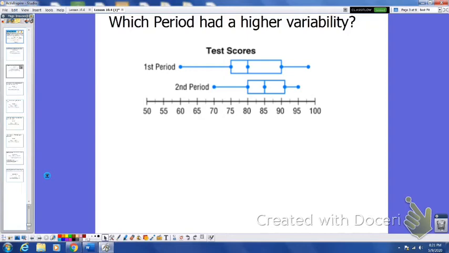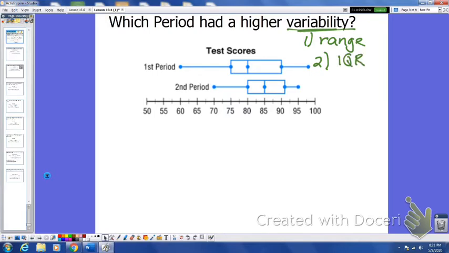So looking at test scores for a first period versus a second period, the question is which period has a higher variability? So again, variability, we're looking at range first, so the overall range. And then if they happen to have the same overall range, then we look at and compare the IQR.